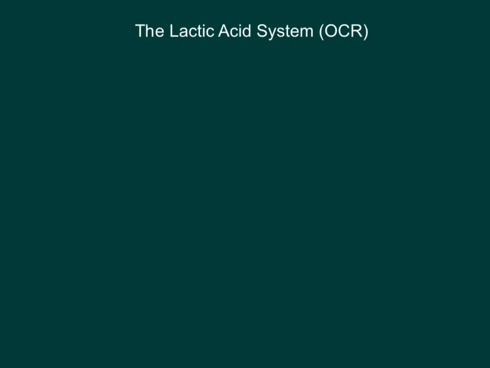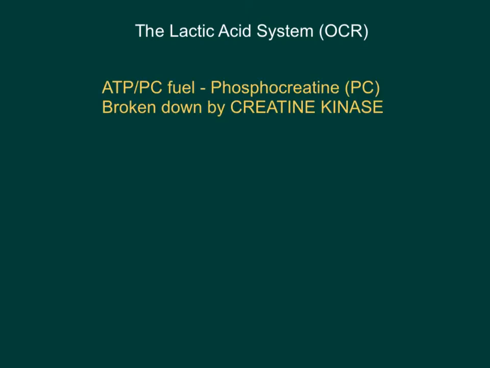Okay, if you can remember, in the ATP-PC system the primary fuel which is broken down to resynthesize ADP into ATP was phosphocreatine, which was broken down by the enzyme creatine kinase. One of the main differences between the ATP-PC system and the lactic acid system is that the primary fuel that's broken down by the lactic acid system is glucose.